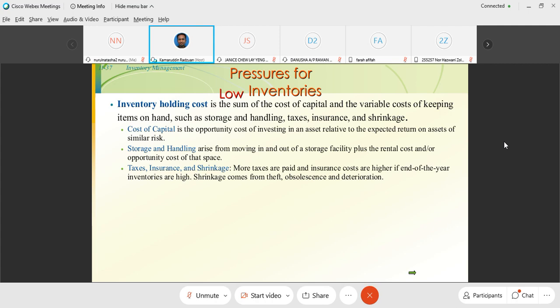Jadi, kita perlu ambil kira kos-kos yang terlibat apabila kita mempunyai inventory. Sebab tu setengah organisasi cuba untuk mengurangkan jumlah inventory yang ada di dalam organisasi mereka.